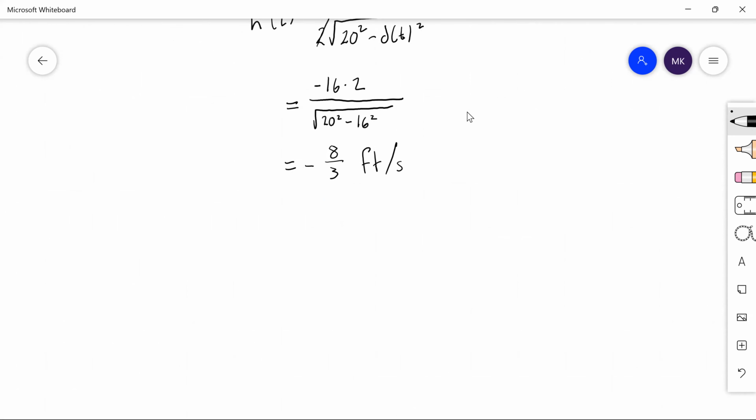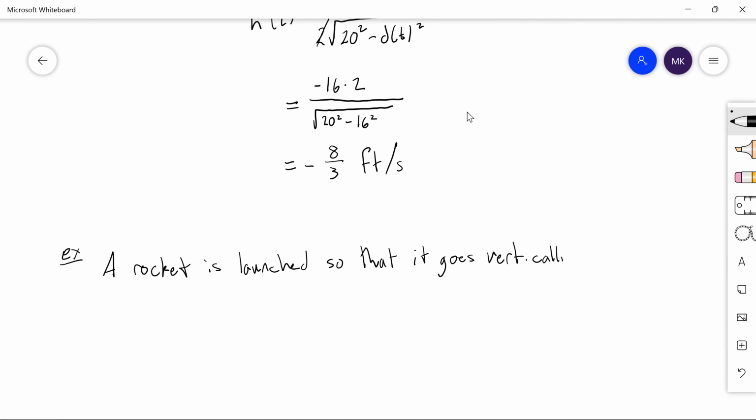So our next problem: your rocket is launched, as all good rockets do, it goes vertically up.